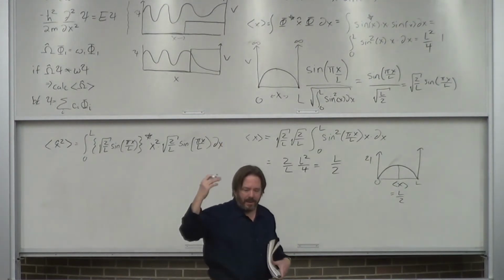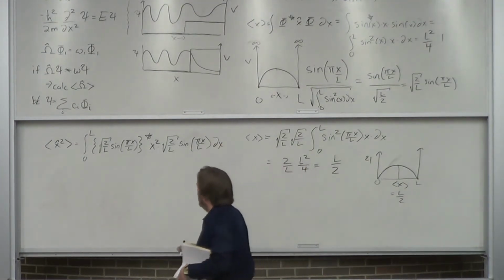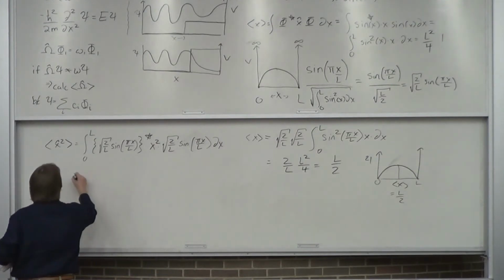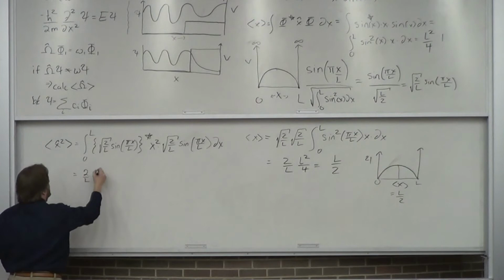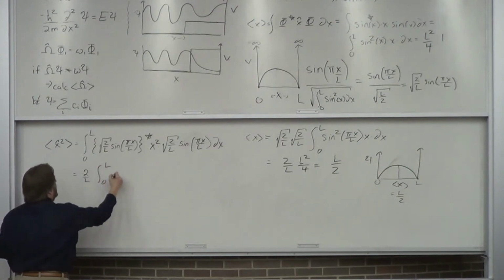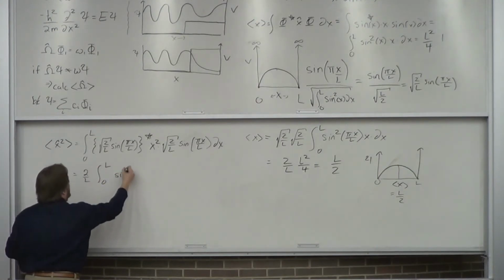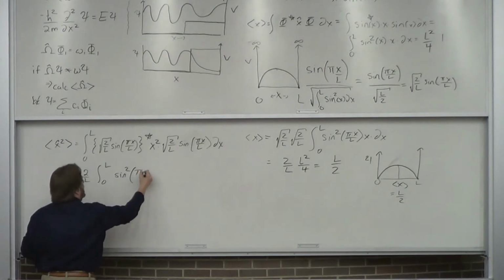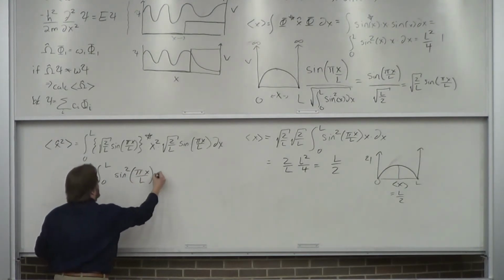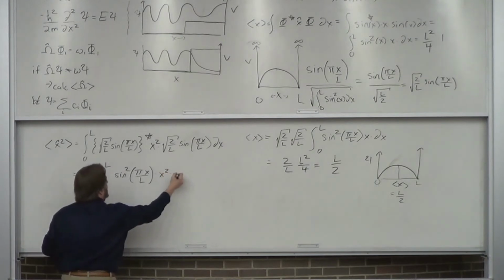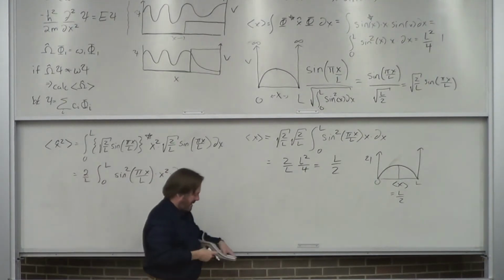Okay. So expectation value of x squared. All right. Square root of 2 over L, square root of 2 over L, 2 over L, sine squared. I can put x squared in front, or I can put it behind. All right.